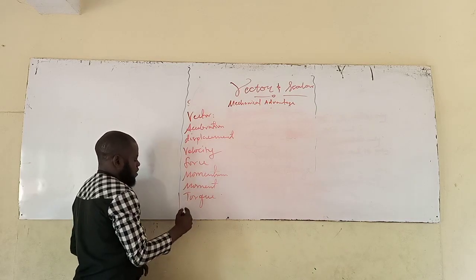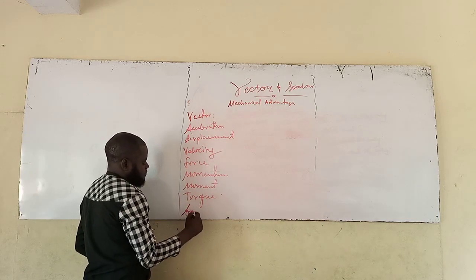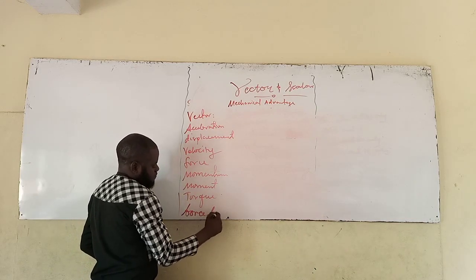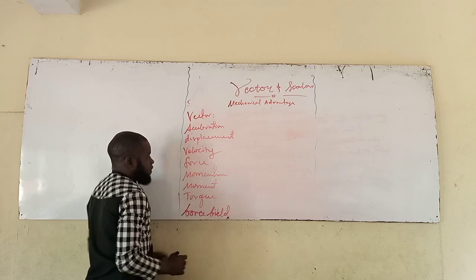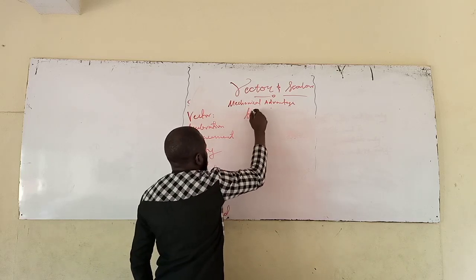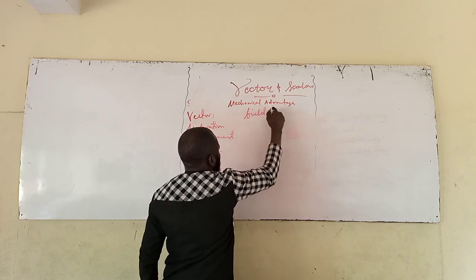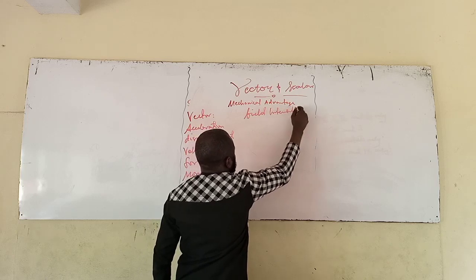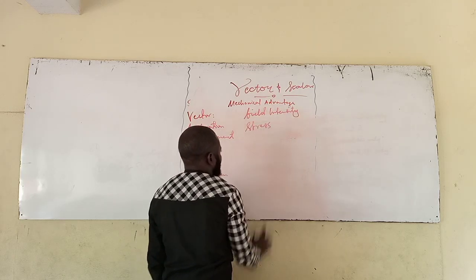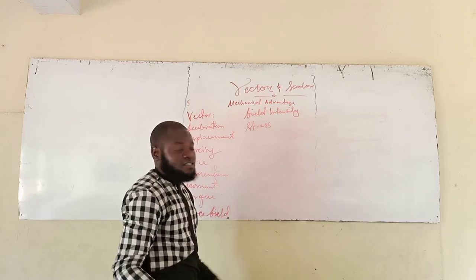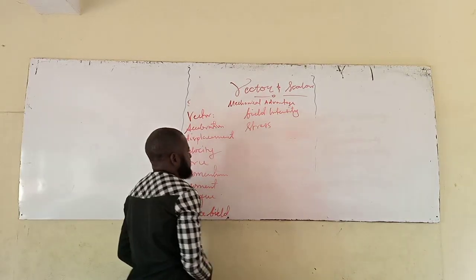So the next one, force field, field intensity, stress, either tensile stress or ordinary stress, it is a vector quantity.